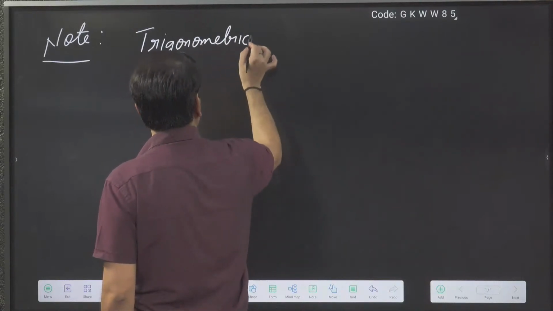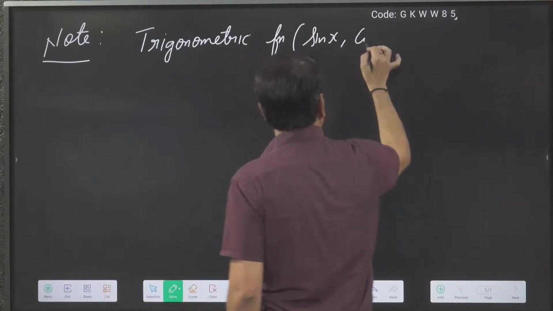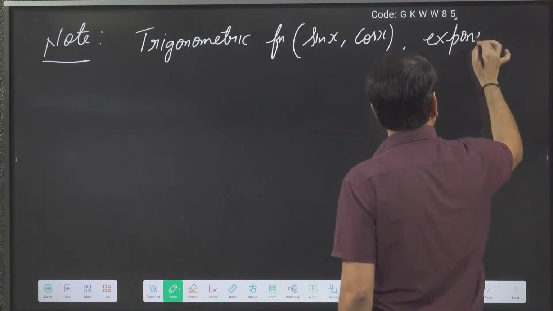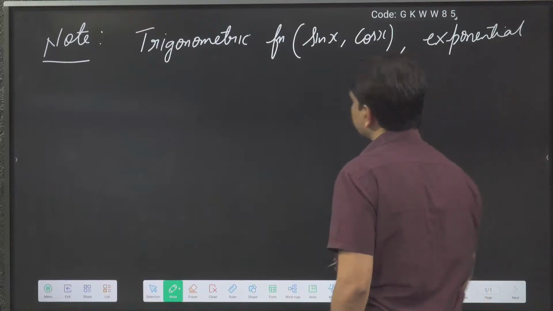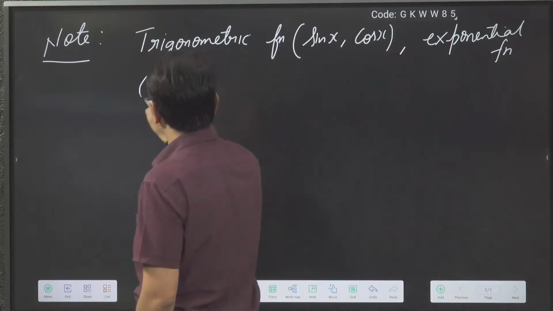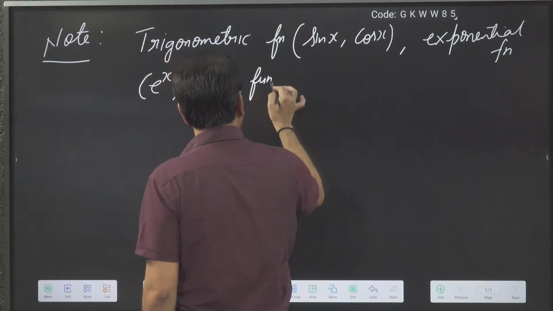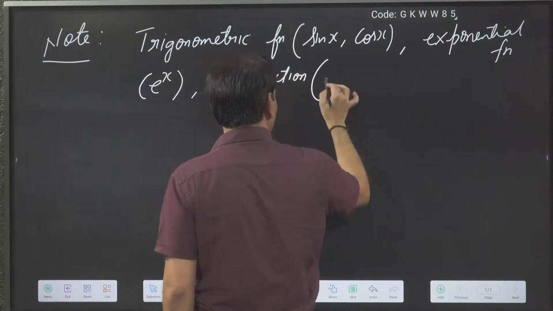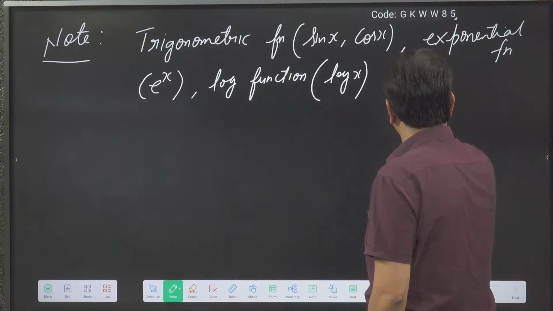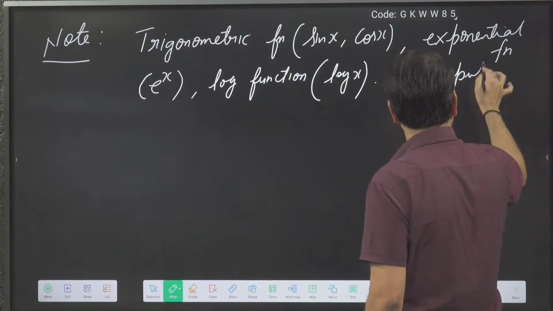So trigonometric functions like sin x, cos x, exponential function like e to the power x, log, their input means what?